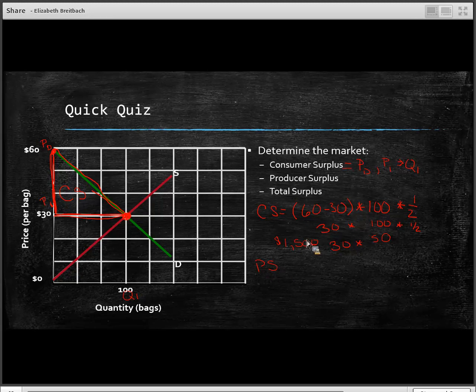Consumer surplus and producer surplus are going to be a dollar amount, the same way that John got a consumer surplus of $300 at the market level. We're also going to have that in terms of dollar amounts.